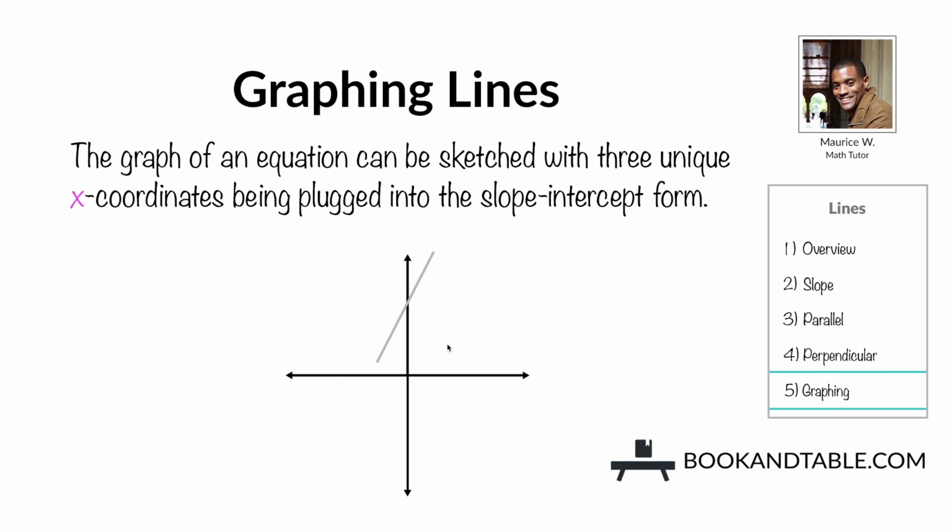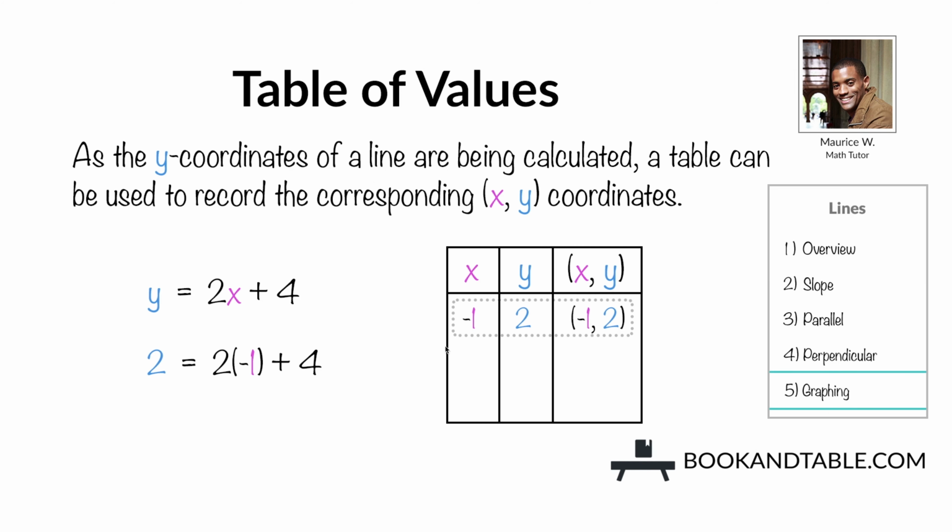Something else you want to be aware of is called the table of values. As the y-coordinates of a line are being calculated, a table can be used to record the corresponding x and y coordinates. So before you get the 3 points to plot, you need to figure out what 3 points exist on that line.